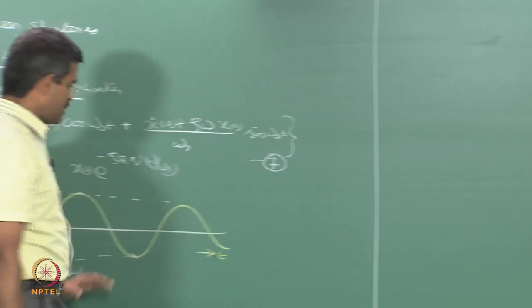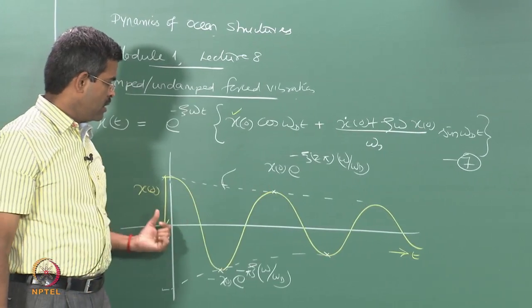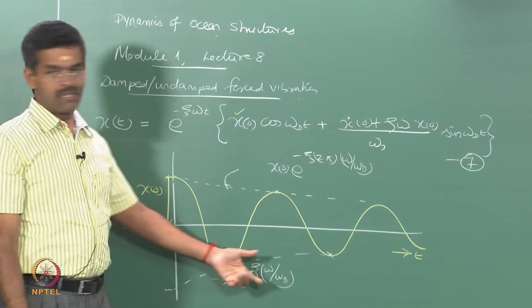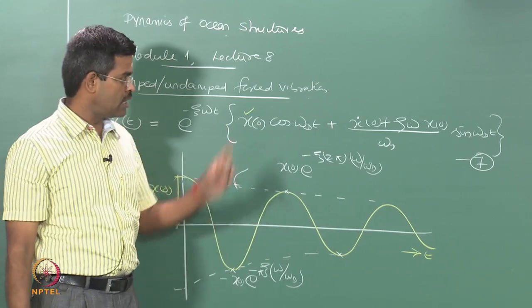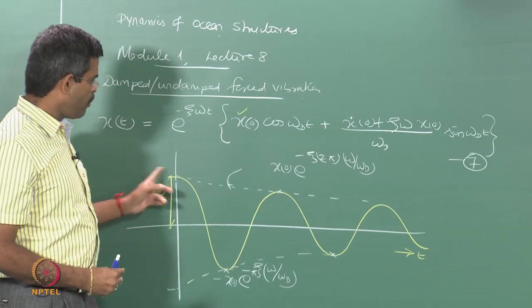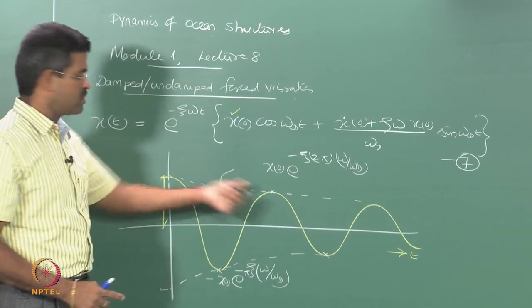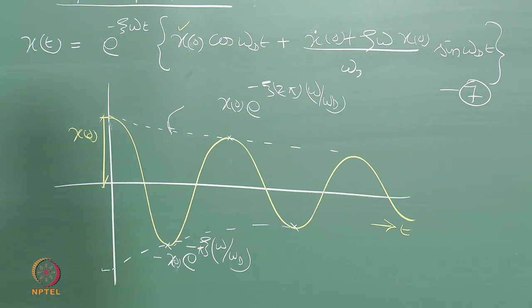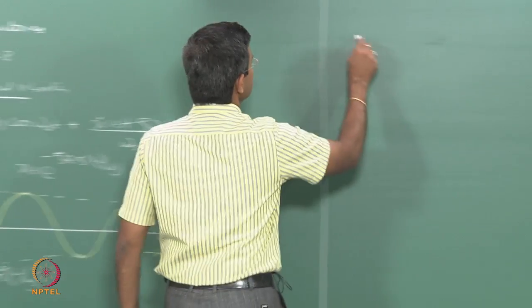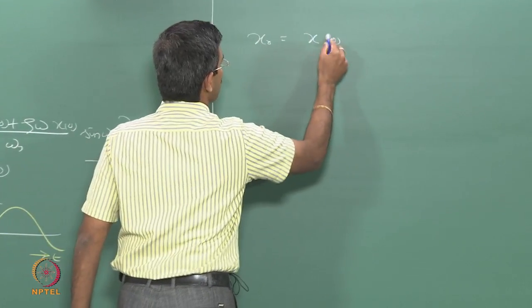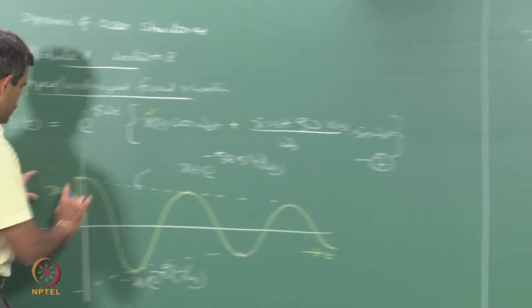This is where we stopped yesterday, and this is what we plotted. I hope nobody has any questions on understanding this. Now, let us try to find out zeta. I will pick up two positive responses, though I can also pick up two negative. Let us say the first response is x naught, which I am picking from here.